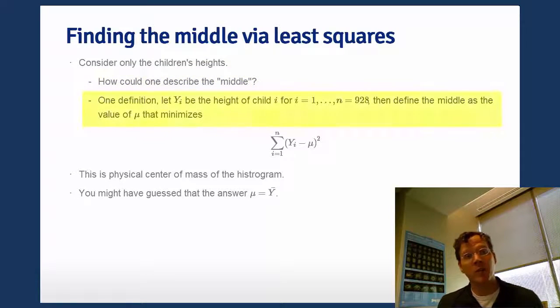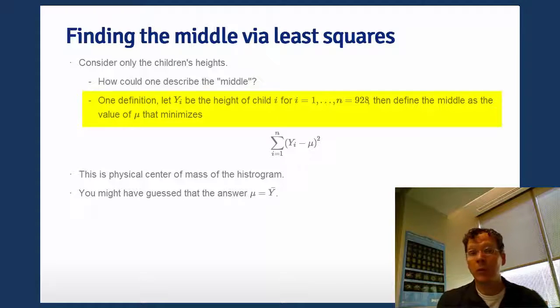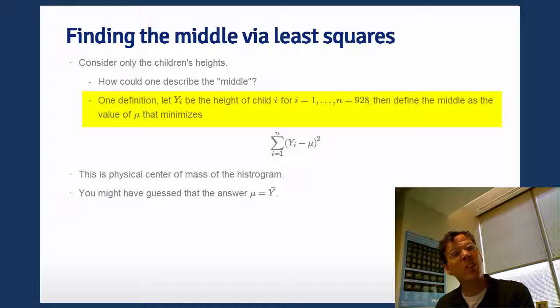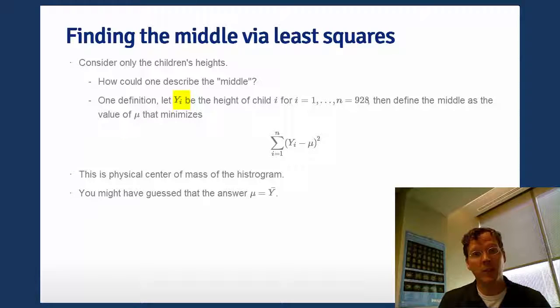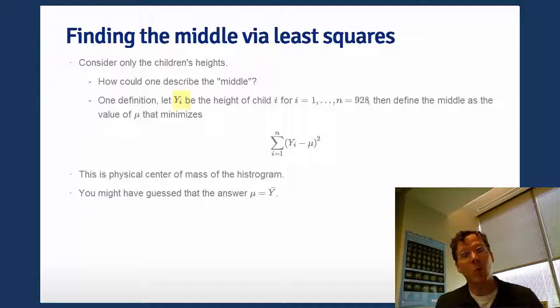Well, let's give one specific definition. So I'm going to go through a little bit of the notational mathematics, and if that isn't your thing, then wait just a minute and we'll go through a sort of physical experiment to explain it visually. So for the mathematics, let yi be the height for child i, where y1 is the height for child 1, y2 is the height for child 2, and so on.